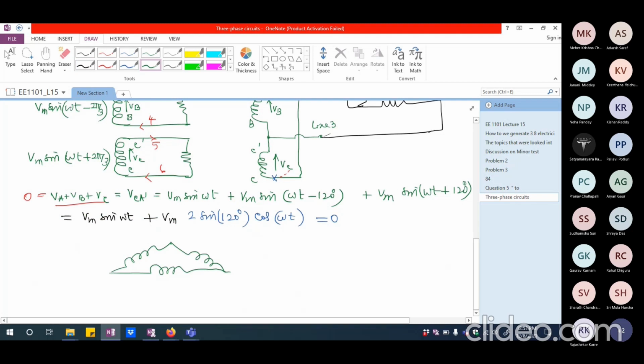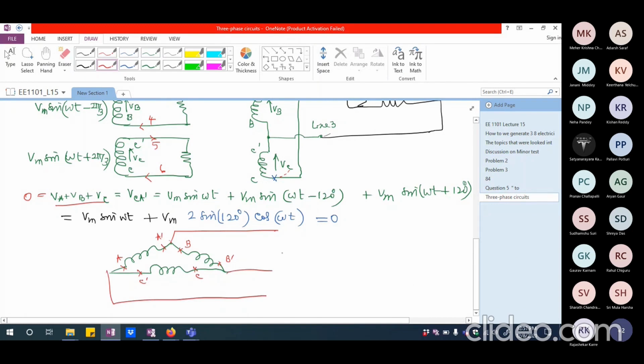And I can call this point as, for example, A and A dash, and this point as B and B dash, and this point as C and C dash. Okay, and now from here I can connect the 3 resistances at the output.